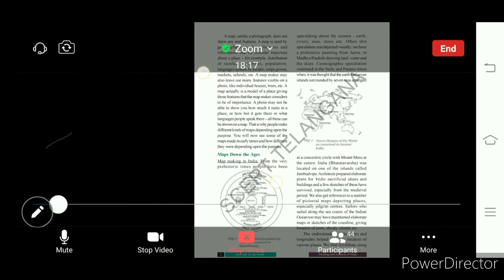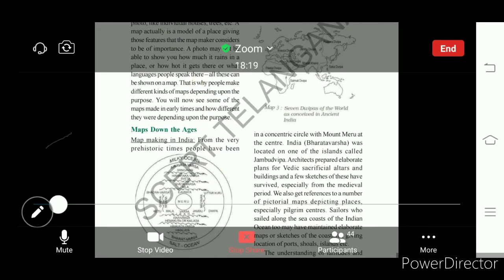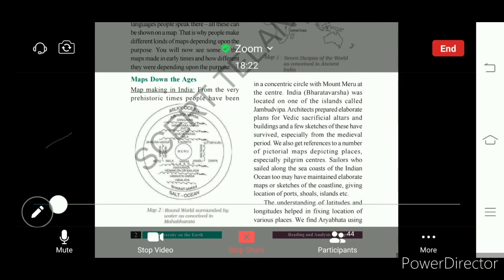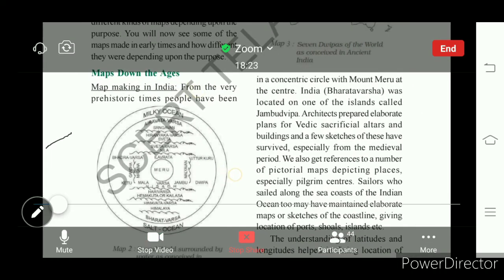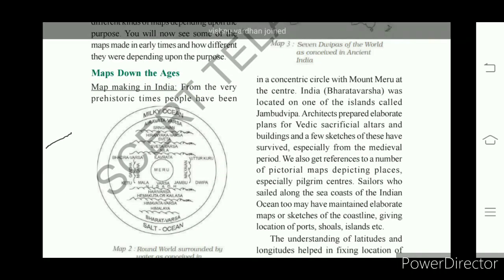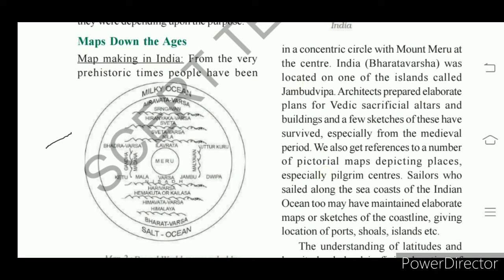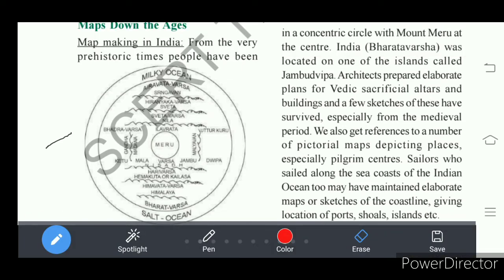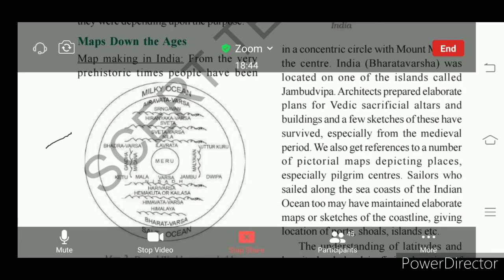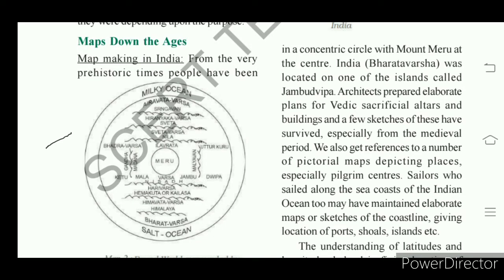Look here. This is map making in India. Many years ago, map making in India is given, right? What is this here? Look at this. It is a map. In early days, maps were like this.